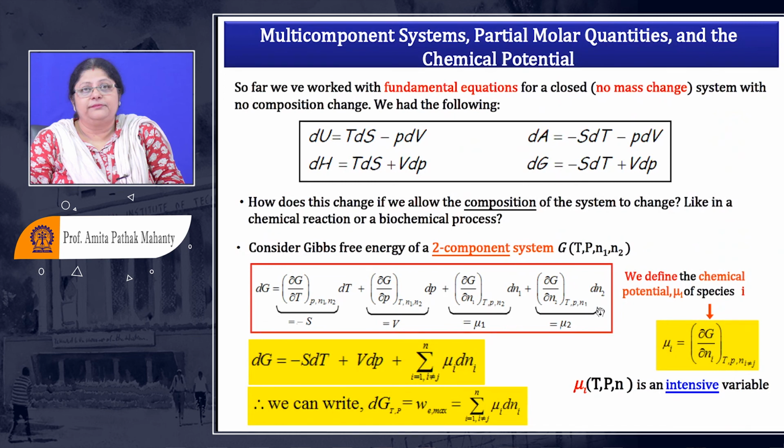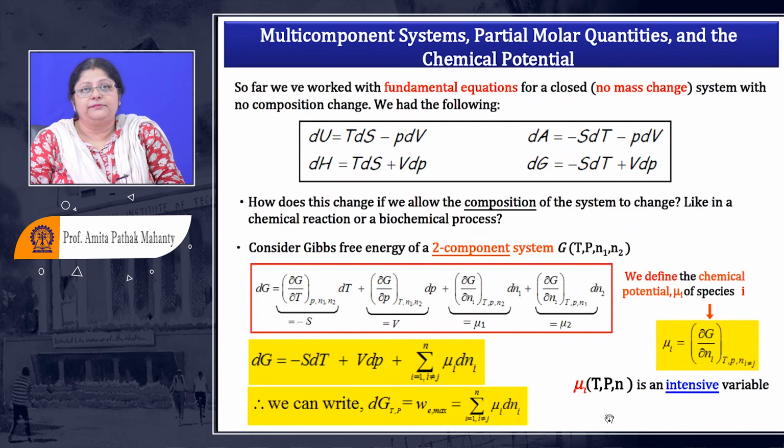I keep changing N2 and keep the first component fixed. And what will this become? This will become mu2. So the variation of G with the moles of the second component, keeping all other parameters constant, including the moles of the other component, into the total change in the moles of the component, is going to be defined as mu2.